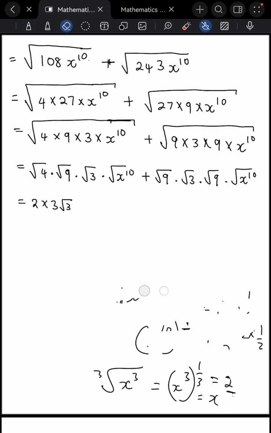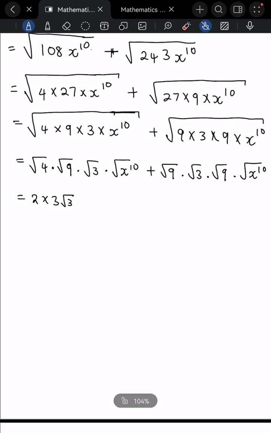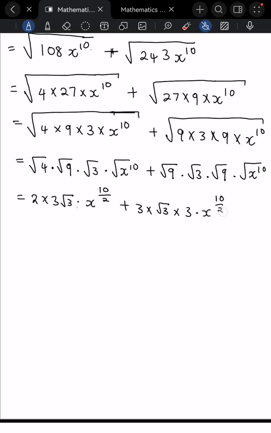So if we come here, we say, all right, understood. The square root of x raised to the power of 10 is going to be equal to x raised to the power of 10 divided by 2, plus the square root of 9 is 3 times the square root of 3, times again x raised to the power of 10 divided by 2.